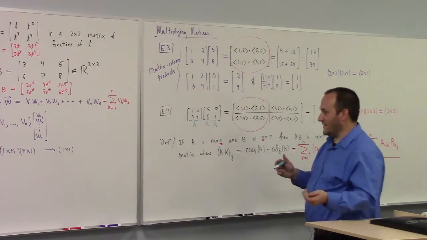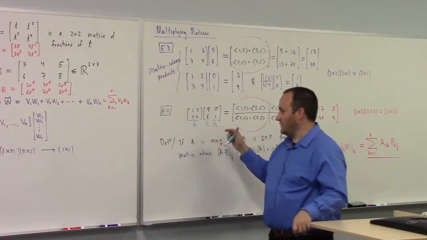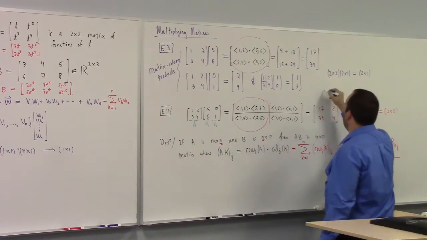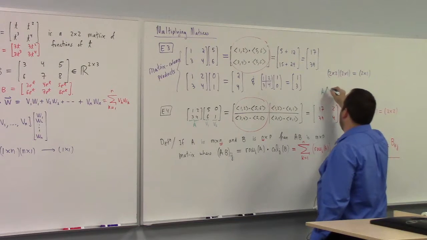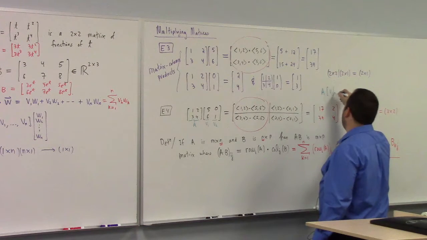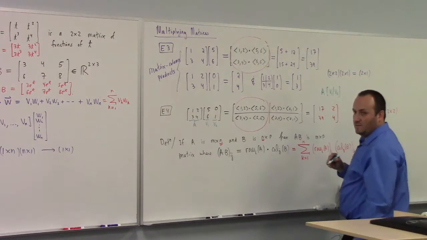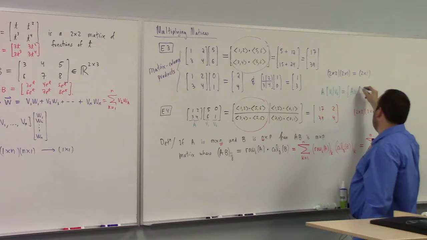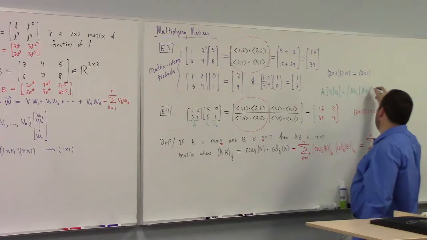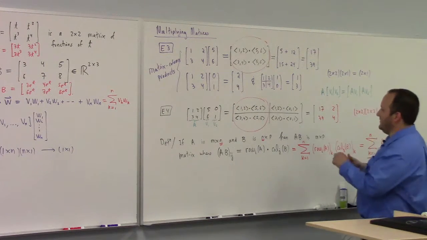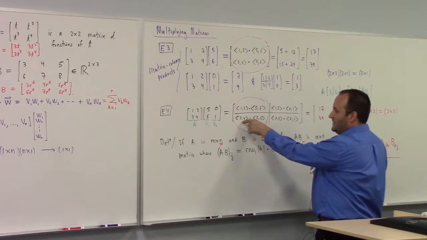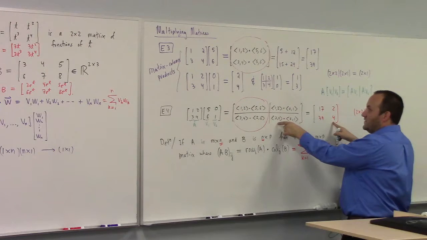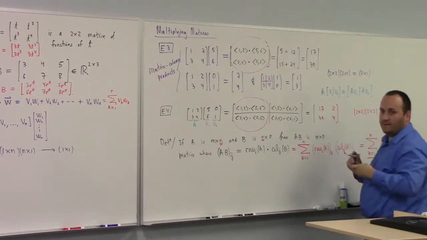So what we've observed here is the following property: A times the matrix formed by gluing together v1 and v2 is actually equal to Av1 concatenated with Av2. See, because this was A times (5, 6), and this was actually A times (0, 1) up there.